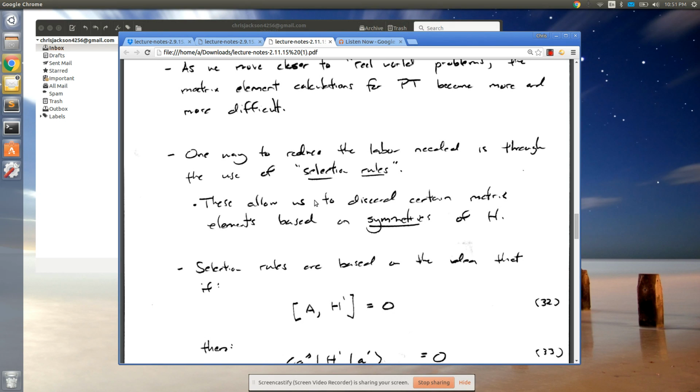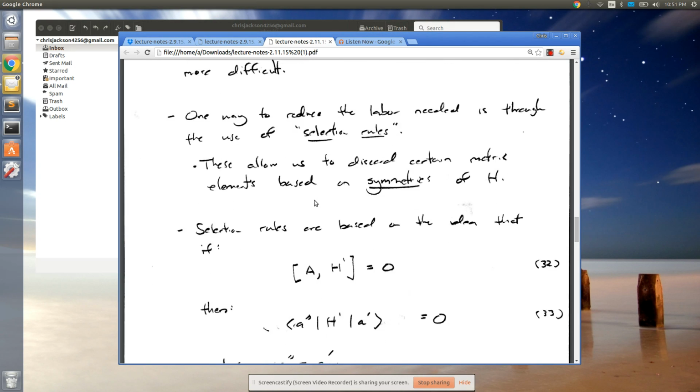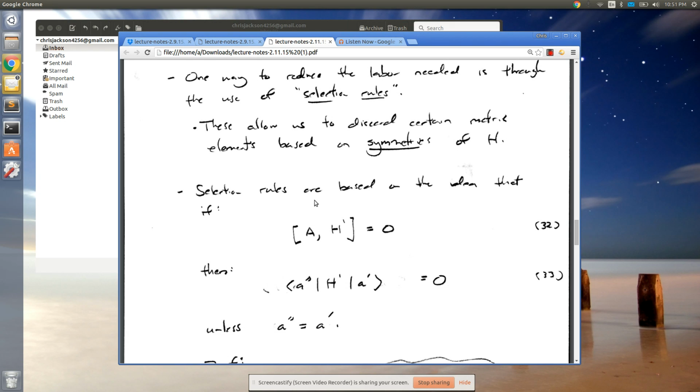So you might have some atom that's in a particular state, and due to some selection rule, you know that it can't decay down into one other particular state. Because of these selection rules, which typically come from symmetries of the Hamiltonian, it restricts the type of transitions your state can make. Okay.